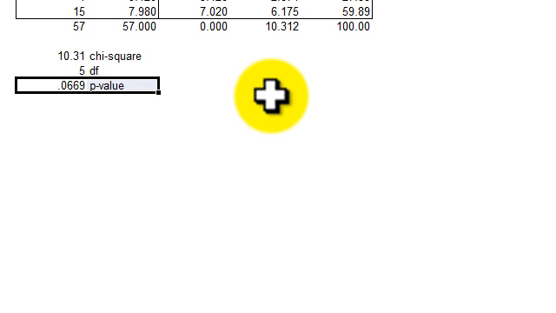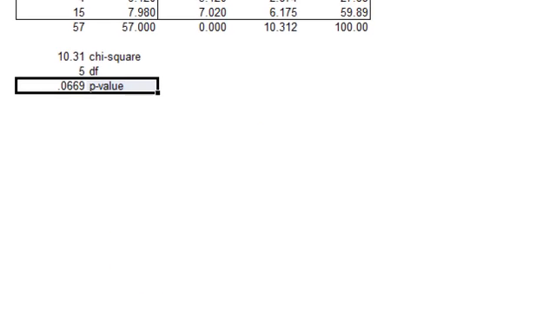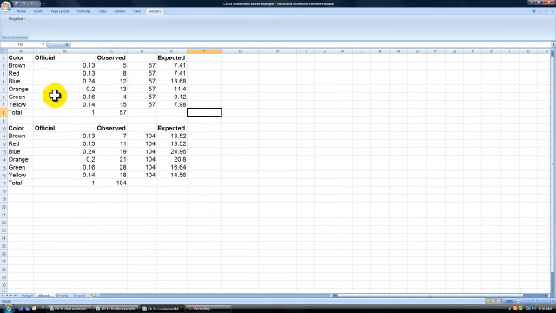So if we have a level of significance of 0.05, the most common one chosen, we cannot reject the null. Our p-value is a little bit too high to reject the null. So we have to go with the null that our data does follow the expected.